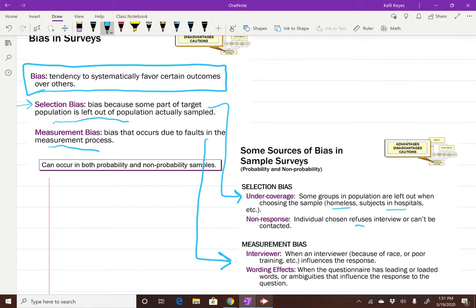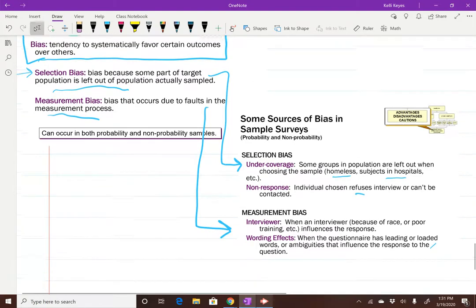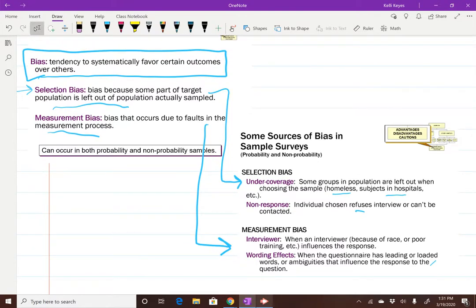So sometimes the interviewer can actually influence the response. So say you're asking a sensitive question and the interviewer leads it in a way to where it will affect the response. Okay. And then how it's worded. There are sometimes surveys that are worded terribly, and that just gives you wrong results because it's not written in a clear manner. I'm going to show you an example of that in just a second.